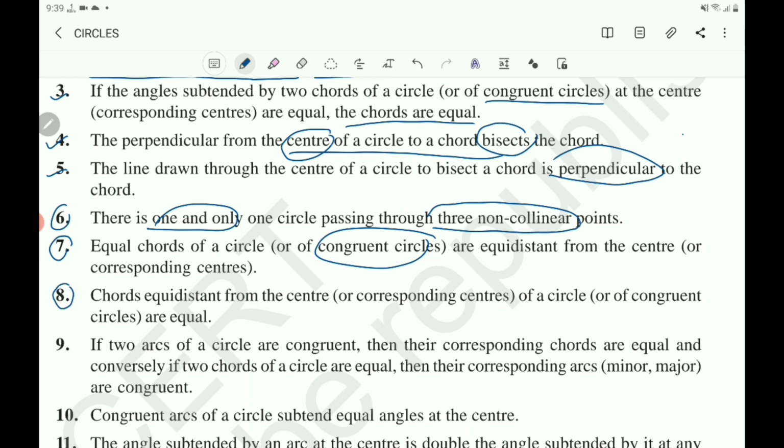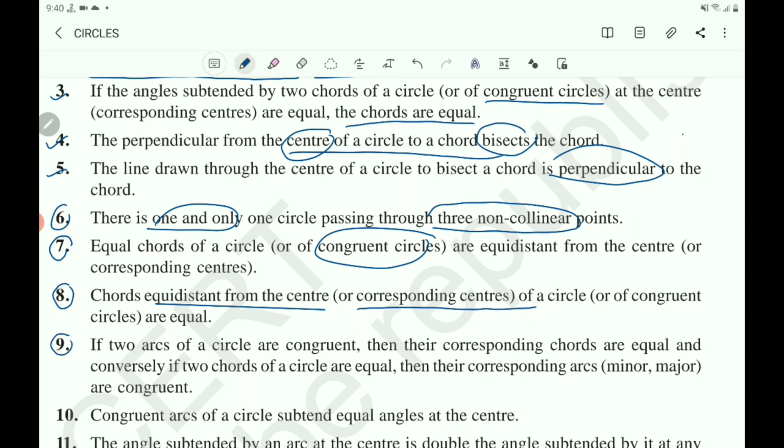And point number eight, chords equidistant from the center of a circle are equal, or chords equidistant from the corresponding centers of congruent circles are equal.